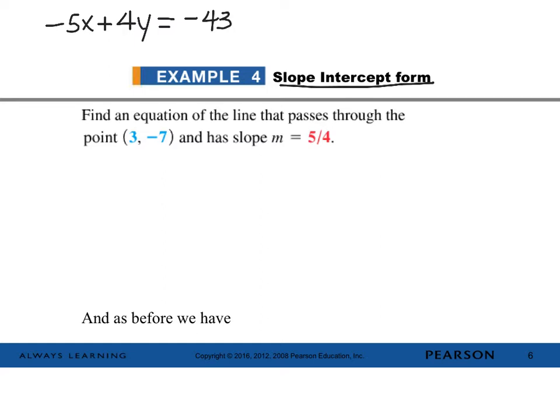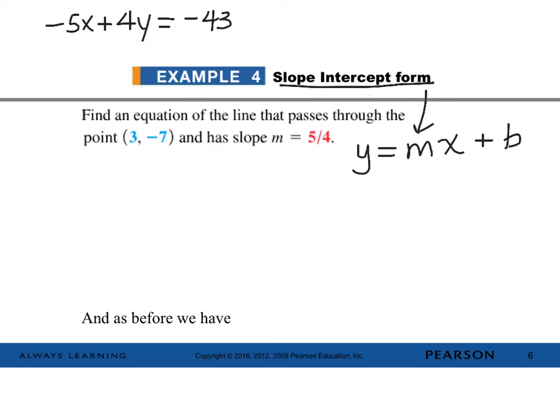And we're going to use the slope-intercept form. Remember, the slope-intercept form is y equals m, the slope, times x plus b.